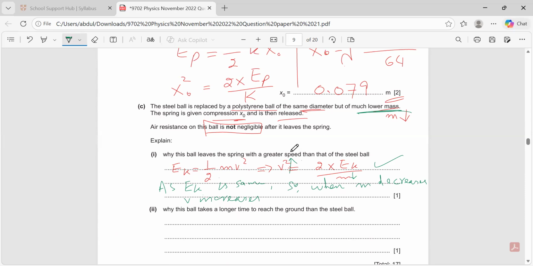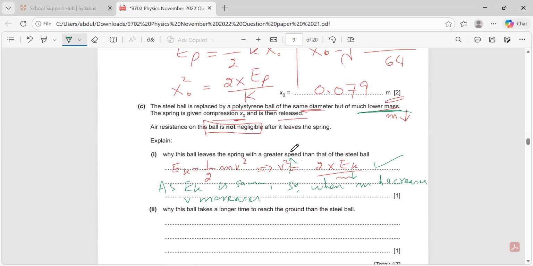So what is the scenario? Extension is same. Elastic potential energy depends on the extension within the limit of proportionality. So extension same, spring constant of course same, so it means elastic potential energy same. So loss in elastic potential energy is basically gain in kinetic energy. If the elastic potential energy is same, gain in kinetic energy will also be same.